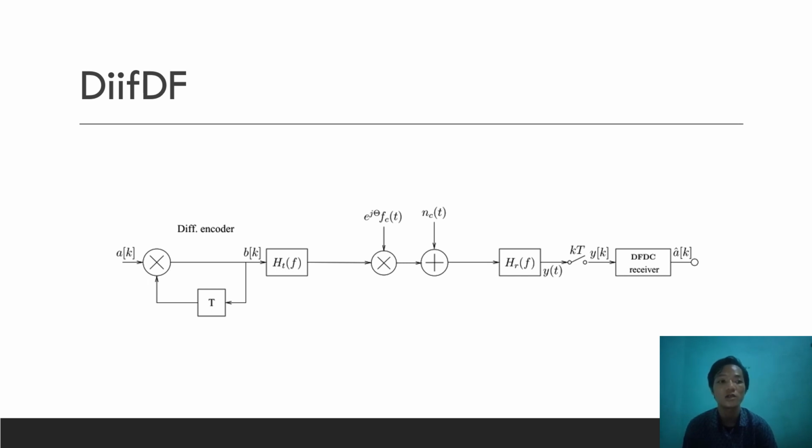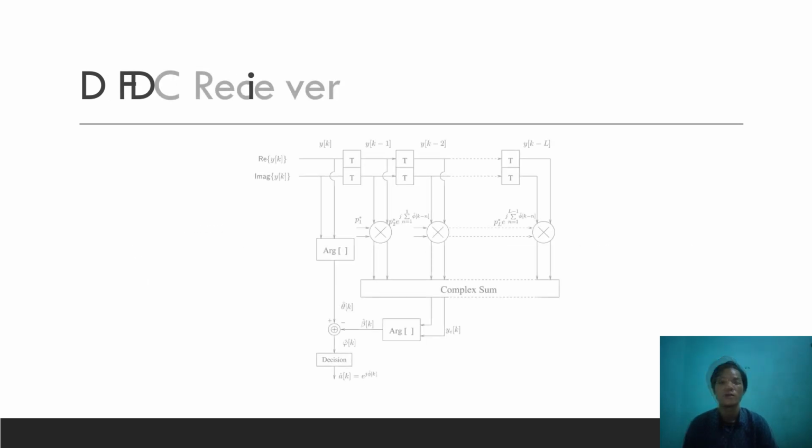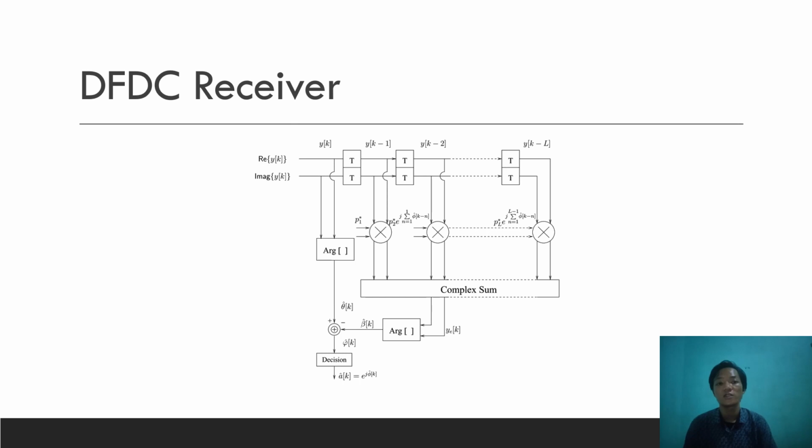It uses a Rayleigh fading model to obtain an insight into the operation and capabilities of the system. The DFDC receiver illustrated in this figure utilizes the last received signal samples as well as the past decoded symbols to form a reference symbol through weighted averaging that is less impaired by noise and hence reduces the loss.